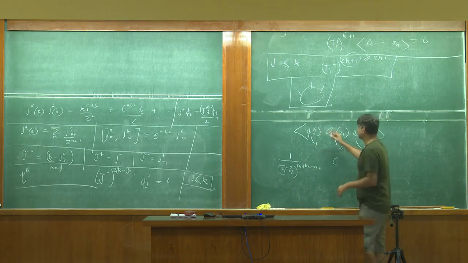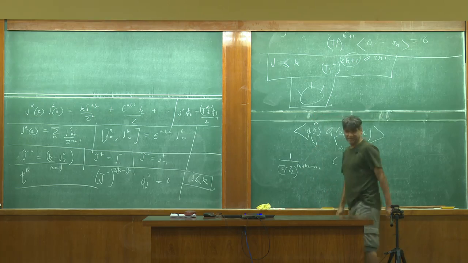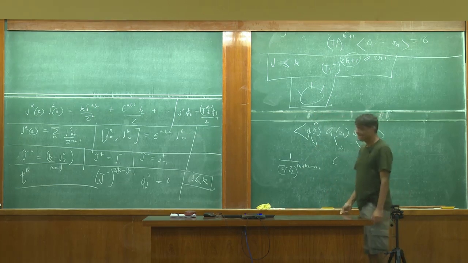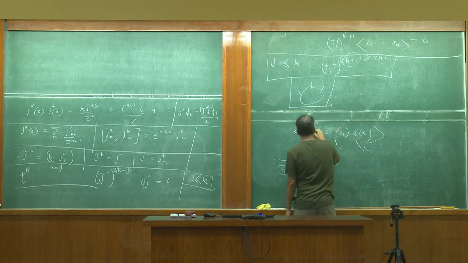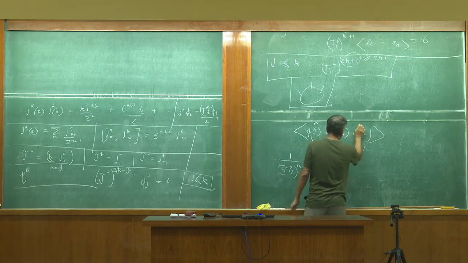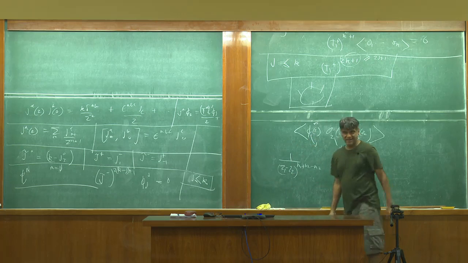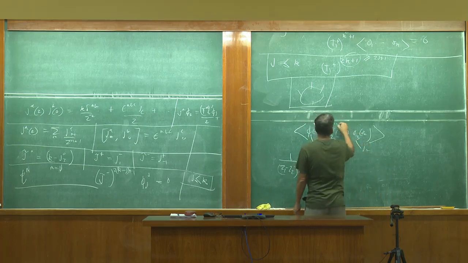Now let's be a little more explicit. Let's say that we've got an m label here. Let's call this 1, this 2, this 3. We've got an m1, m2, m3 label.